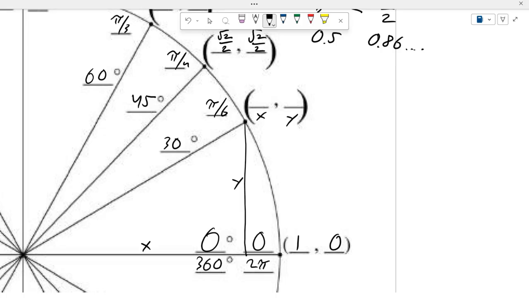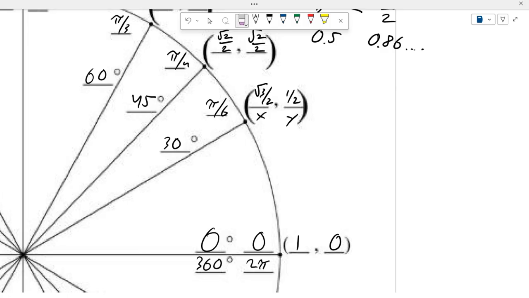It's a wide, short triangle, okay? Because it's wide, it means that the x value is the larger value. And the larger value is root 3 over 2. The smaller value, because it's short, is 1/2.